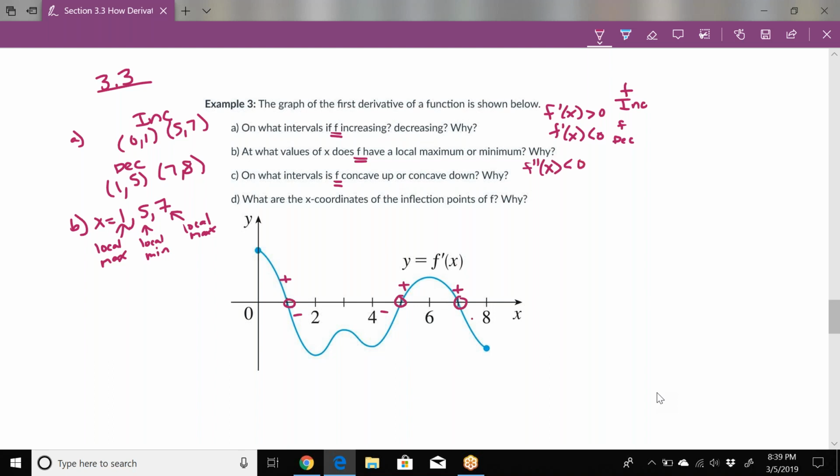Those slopes are either going to be positive or negative or 0, and that relates to that second derivative, if we were going to graph that.